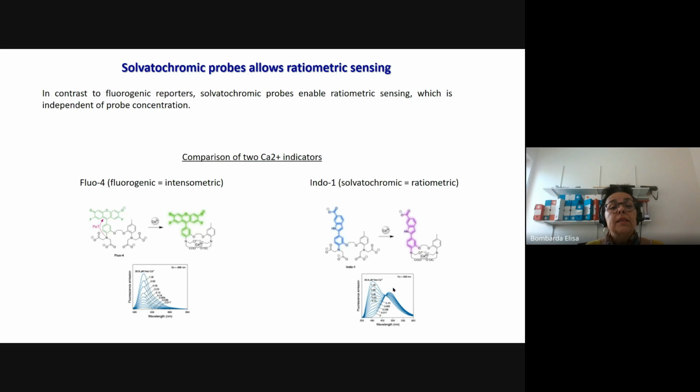And so the advantage is that this signal, the band shift, is actually independent of the probe concentration.